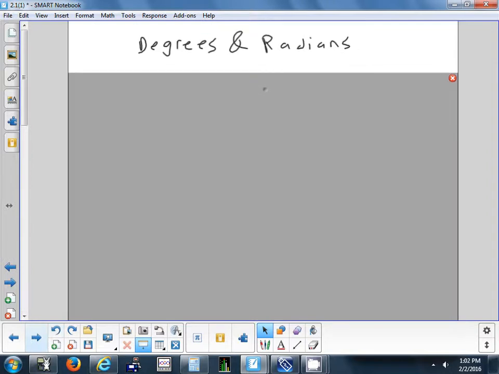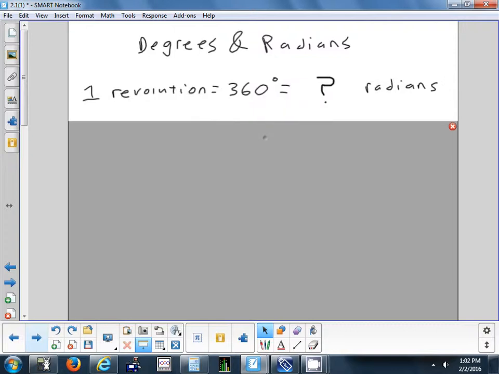So earlier I asked you guys this. If you go all the way around, if you make one revolution, how many degrees is that? That's 360. So we know one revolution equals 360 degrees. But the question is, how many radians to go all the way around?